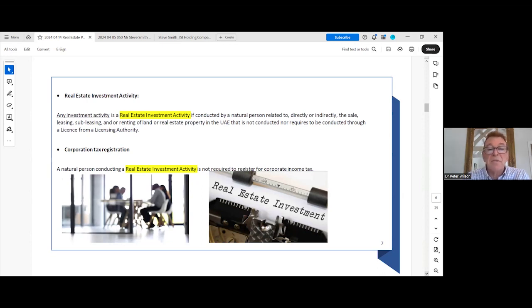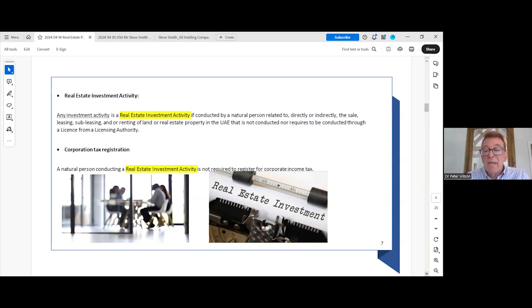So the first thing to notice about this is that an investment activity is a real estate investment activity. So if an activity is not an investment, if it's a trade, then by definition, it can't be a real estate investment activity. A lot of people and a lot of comments that I read seem to give a very wide coverage of real estate being tax-free.